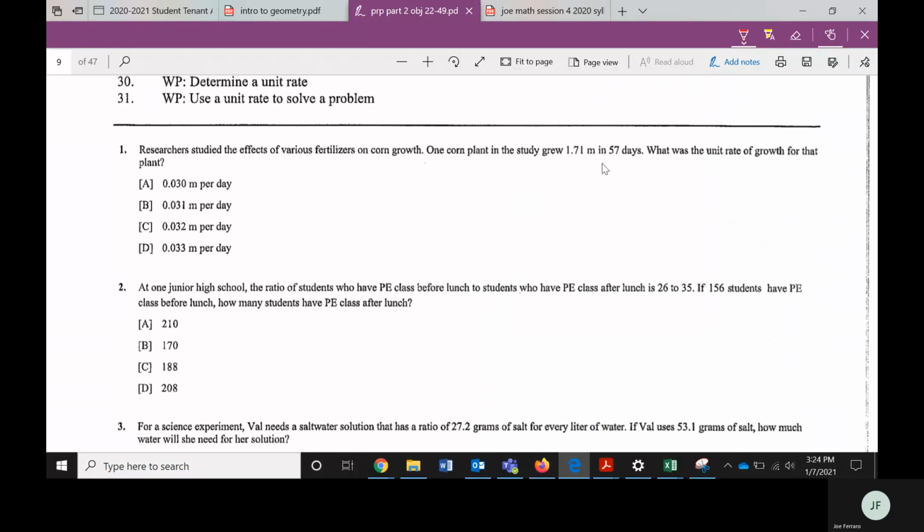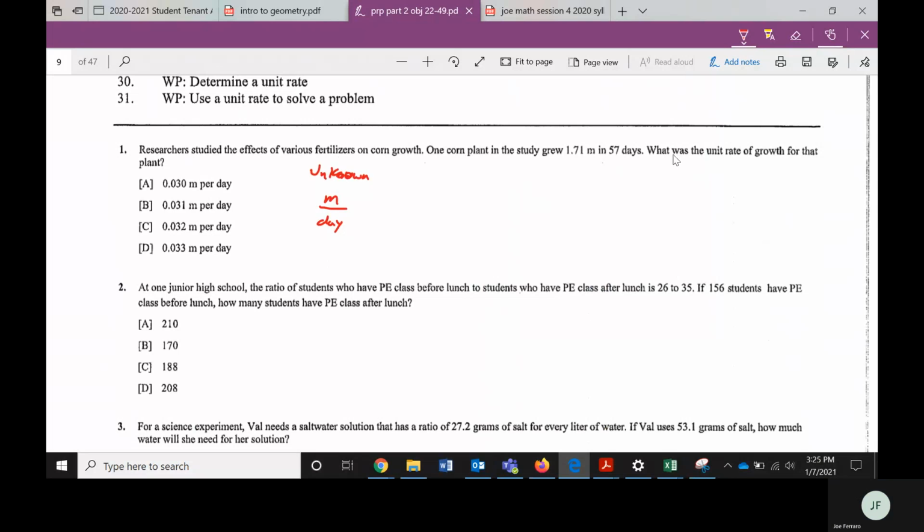Now, multiple choice can help you understand that a little better, because if you look at the answers, it's telling you how they want it written. They want meters per day. So in our unknown, remember I talk about unknown pair and known pair. Our unknown pair, they are looking for meters and days.